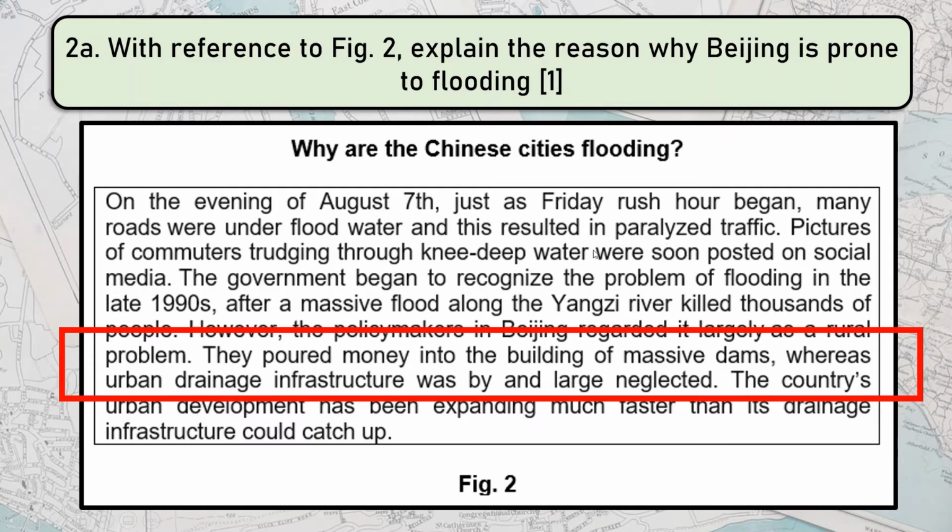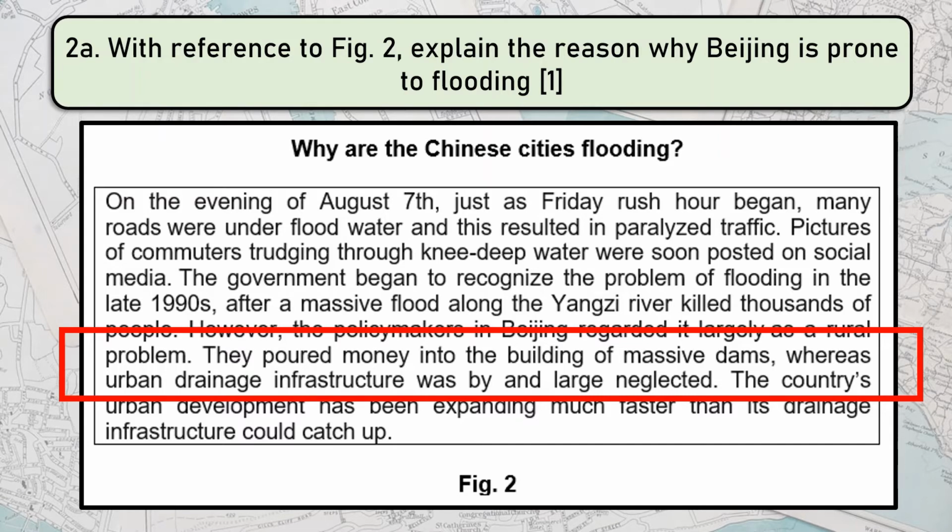I noticed that some of you actually mentioned that the government began to recognize the problem of flooding in the late 1990s after a massive flood along the Yangtze River killed thousands of people. However, the policymaker in Beijing regarded it largely as a rural problem. So, you would identify this factor as proximity to water bodies, right?